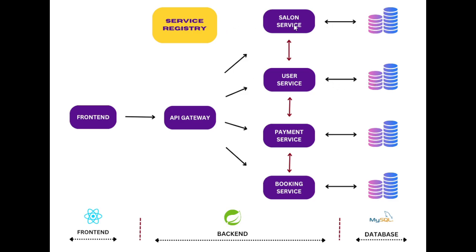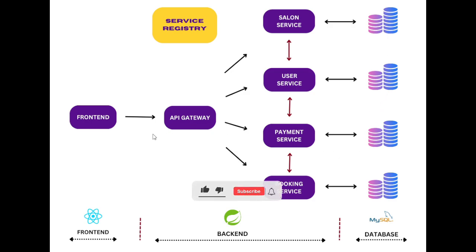In a similar way, Salon service is connected with its own database, and this can be MySQL, MariaDB, Oracle DB, or another database. It's up to us, but in my project I have used MySQL for all the services.